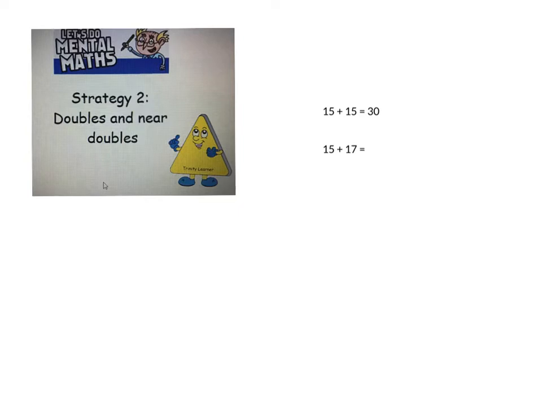So we know that 15 plus 15 is 30. 15 plus 17 is 2 more than that. So if we look here at the units, we know that 7 is 2 more than 5. So therefore our answer will be 2 more than our answer here. So our answer is 32.